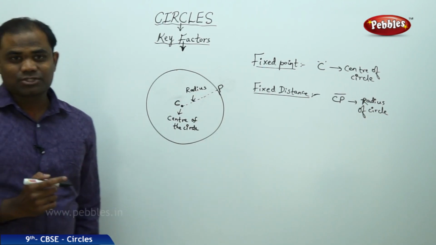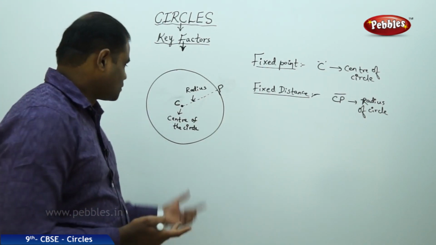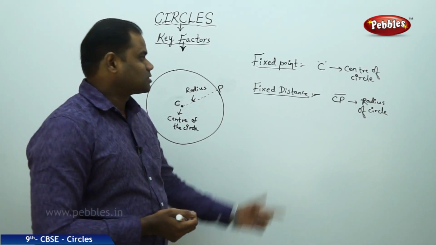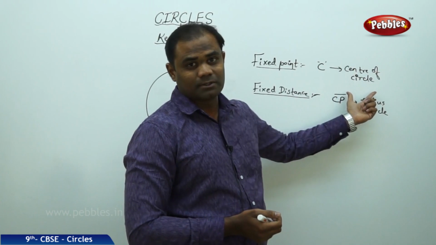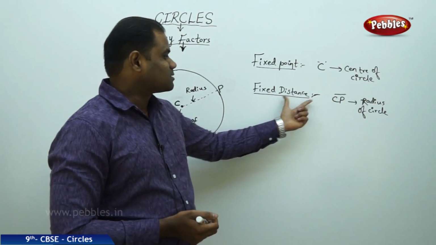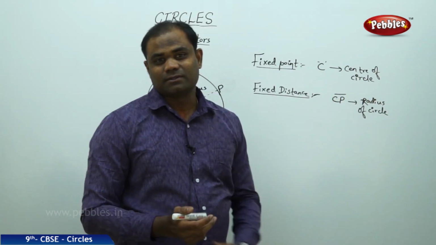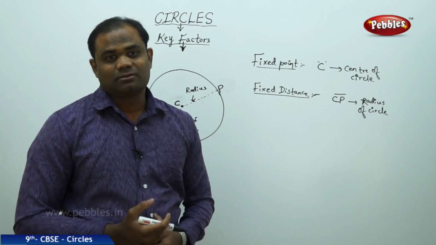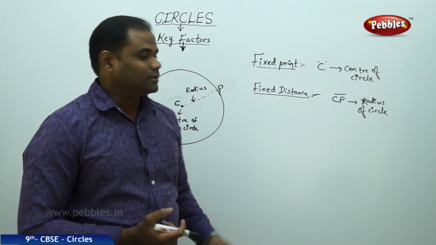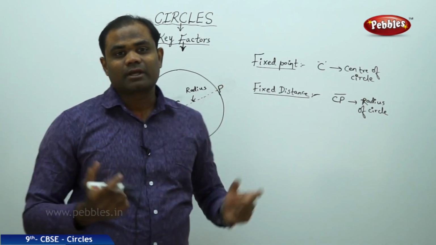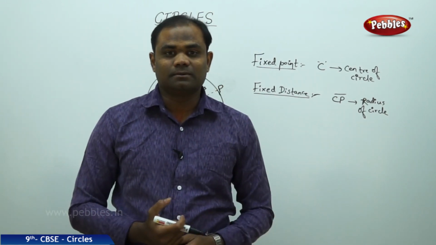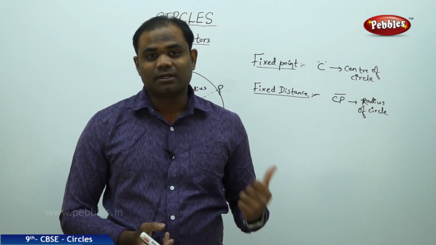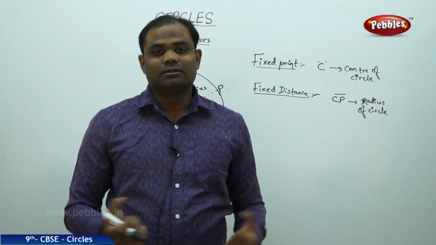So a circle has two important key factors. One is the center, one is the radius. The fixed point being the center of the circle and the fixed distance being the radius of the circle. Radius and center, with a fixed distance and a derived circle, is how we understand the key factors involved with a circle.